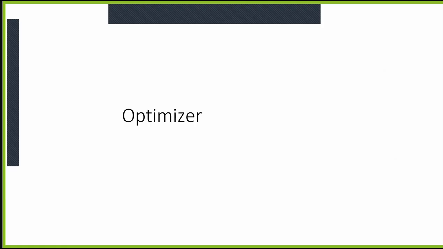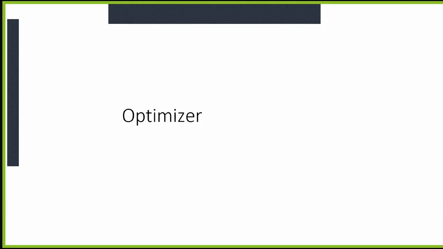Yes, so since we went over the learning rate, now we will go over the optimizer. The concept of optimizer itself is a method, an algorithm, to adjust the parameters, the weights and biases, during the training to minimize the loss function.